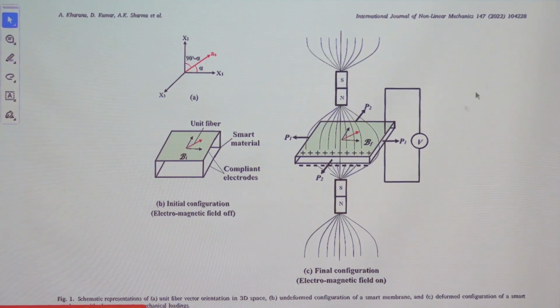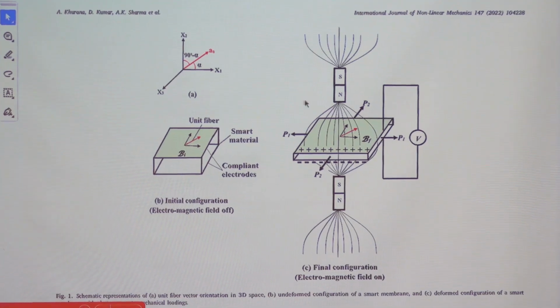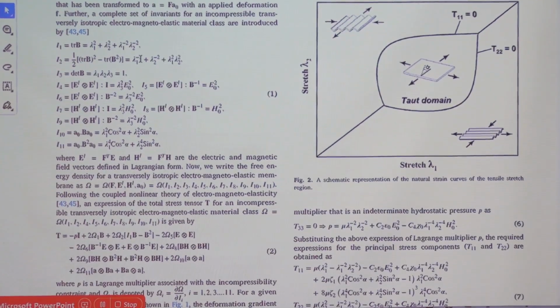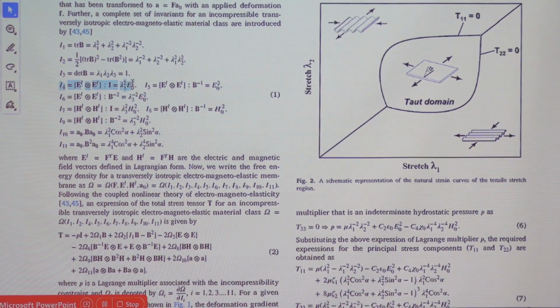In this we again use the same concept, transversely isotropic, where we put in fibers. We already know the invariants I1, I2, I3. Now certain additional invariants come into the picture because of the applied electric field, magnetic field and the fibers.